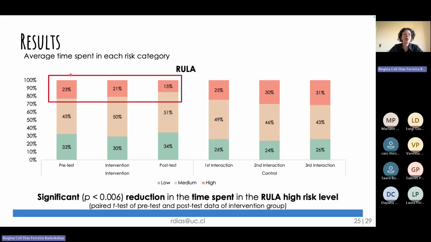And again, we see a decrease here, but it's important to remember that in order to receive the ergonomics training, they need to be exposed to a risk. So why do we have a decrease?